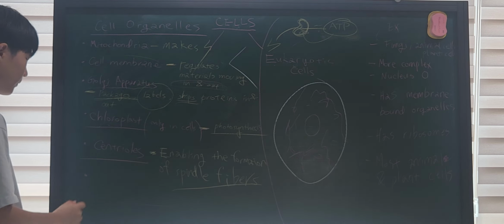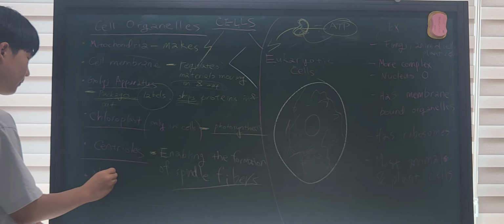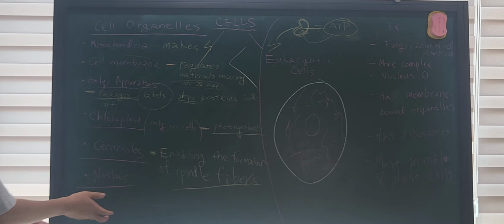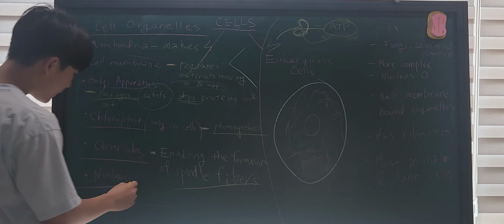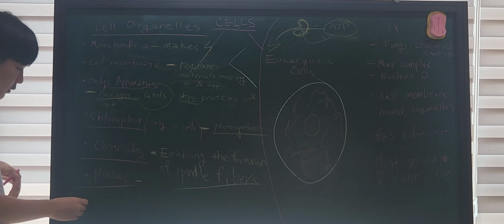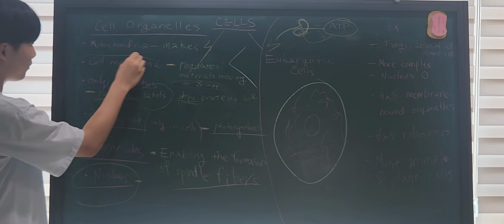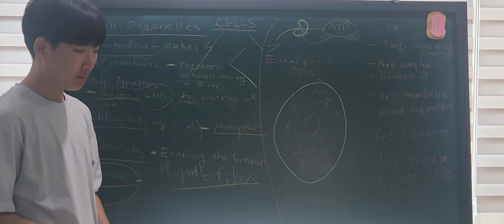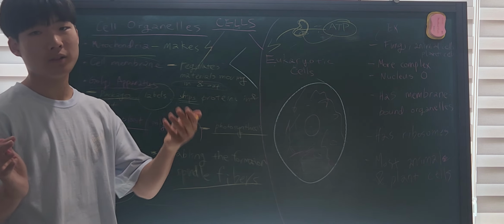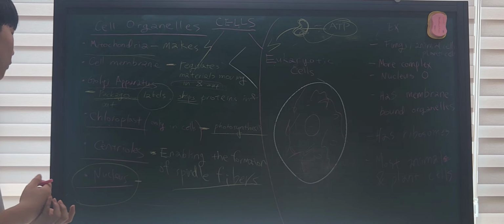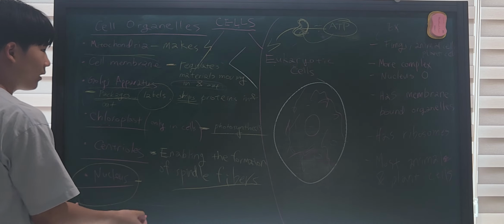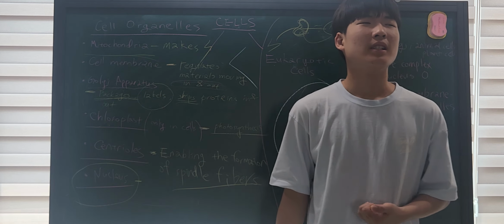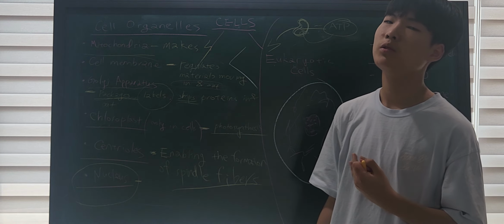Next is the nucleus. We're going to do one more and we're going to continue next time. The nucleus is really important, but however, I think the mitochondria is more important. Many people say the nucleus is the most important part of the cell. And you guys have surely heard about the nucleus before in your lifetime. The nucleus is this. We're going to talk about the nucleus in about two videos, I think.